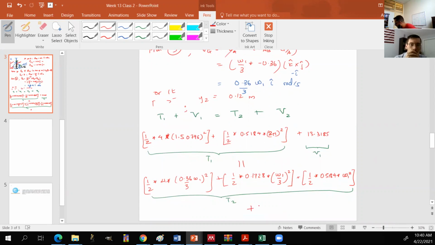Plus your term for the potential energy, so that's 4.9 times 9.81 times 0.12. Remember, the datum was at the center of your flywheel.